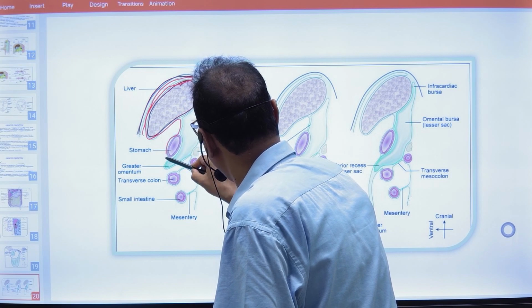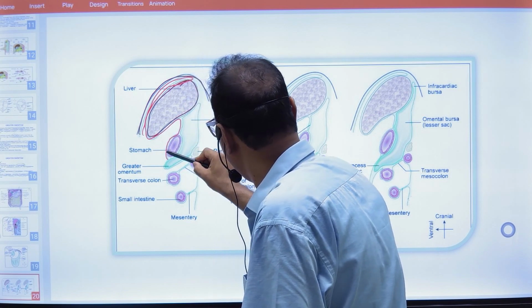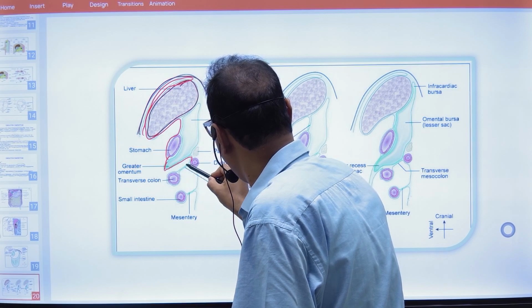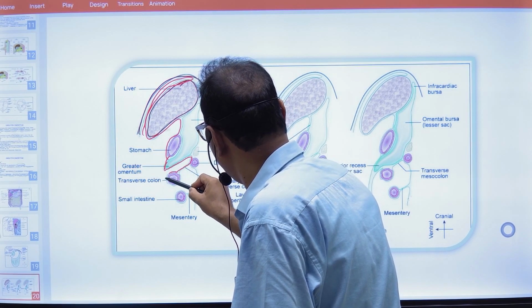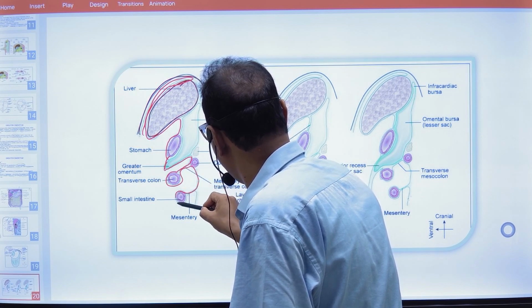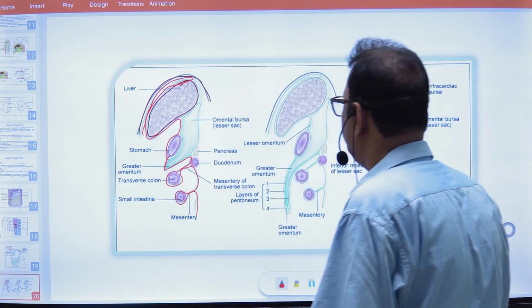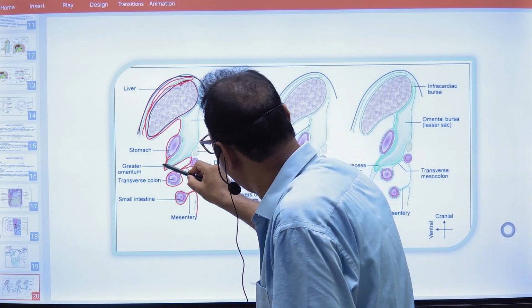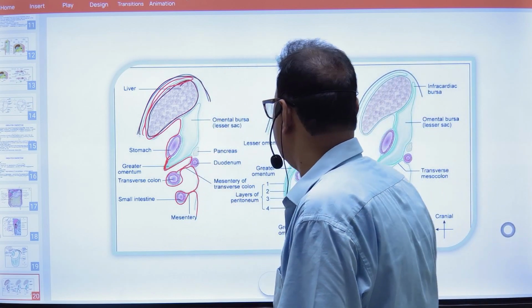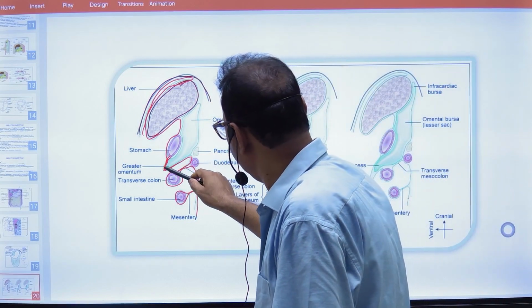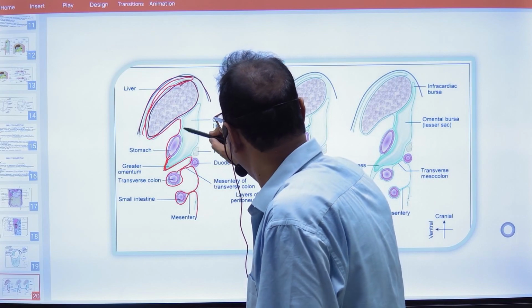It is the stomach, which is being encircled, and this is coming down like this, going up to the transverse colon from the mesentery. Coming down from the stomach, here we have the greater omentum.